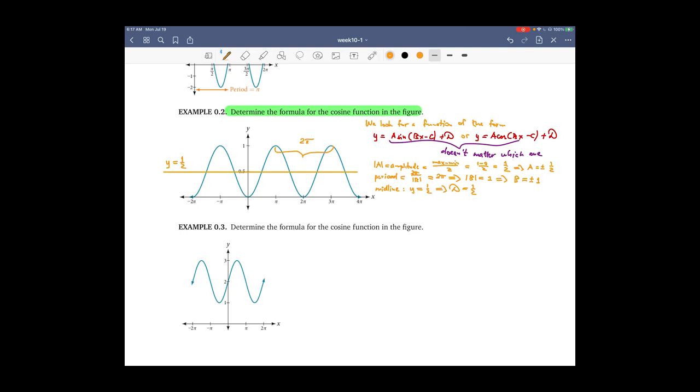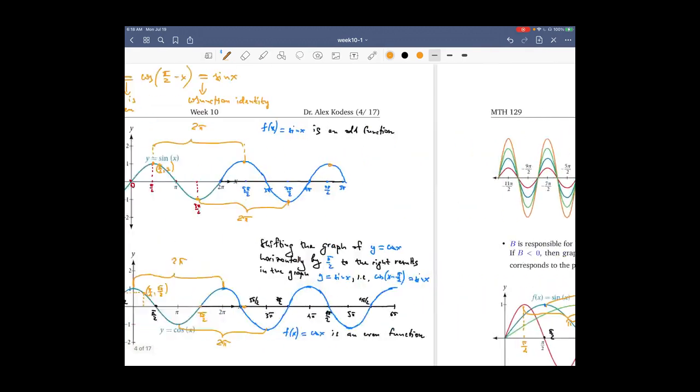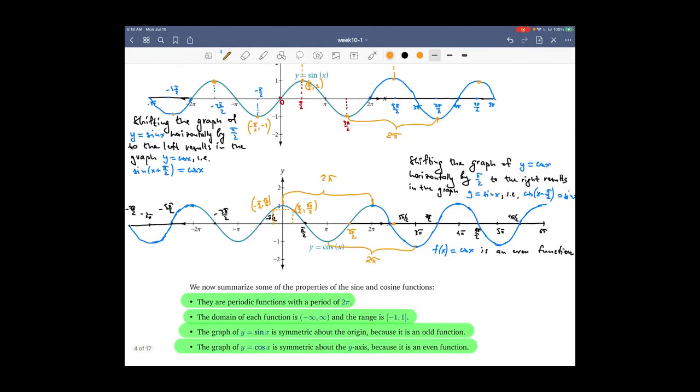To me, this graph looks like reverse cosine, right? If you remember the graph of cosine, reverse cosine will look like this. And our graph looks very much similar to that.